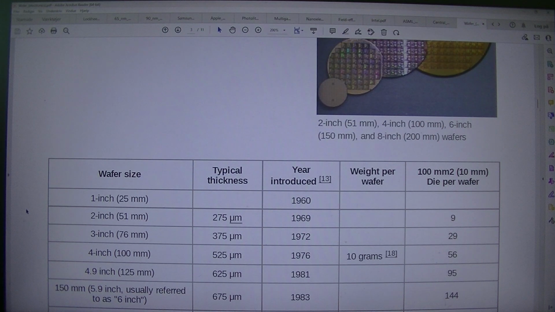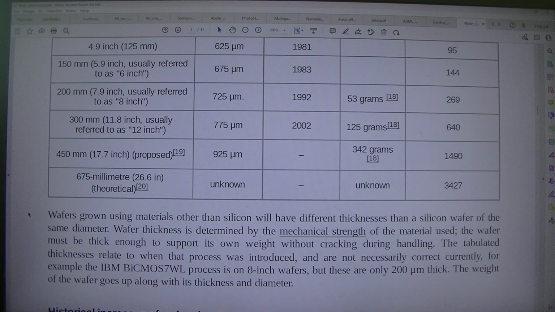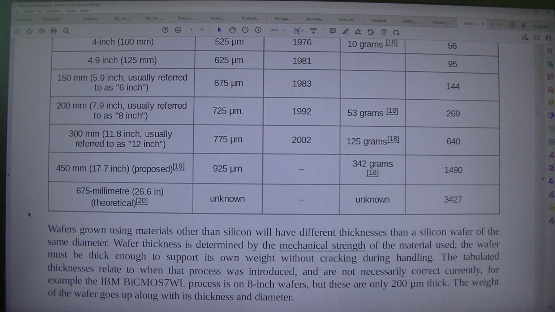Wafer size, typical thickness, weight per wafer, die per wafer. 1 inch, 25 mm, 275 µm. 2 inch, 51 mm, 375 µm. 3 inch, 76 mm, 375 µm. 4 inch, 100 mm, 525 µm. 5 inch, 125 mm, 625 µm. 150 mm, 5.9 inch, usually referred to as 6 inch, 675 µm. 200 mm, 7.9 inch, usually referred to as 8 inch, 725 µm.